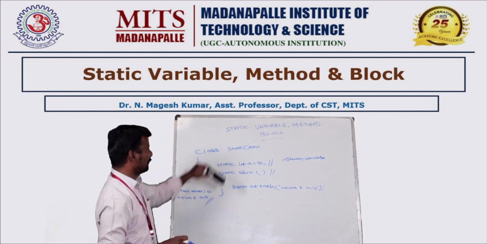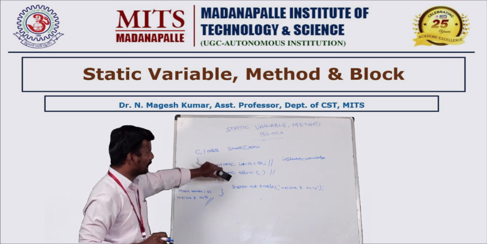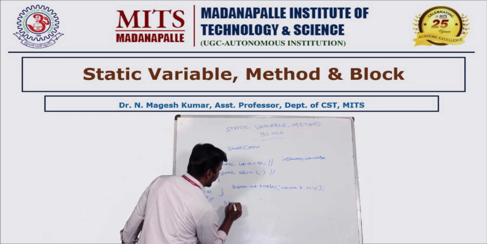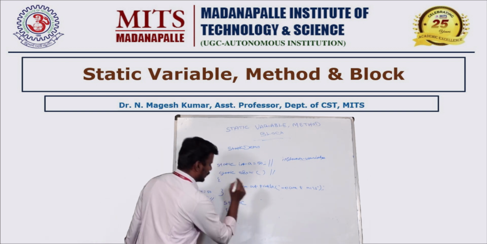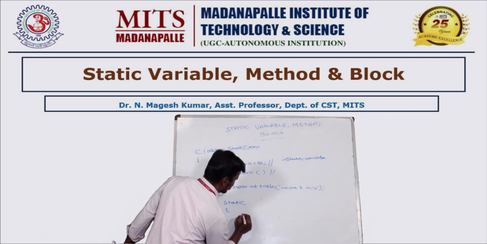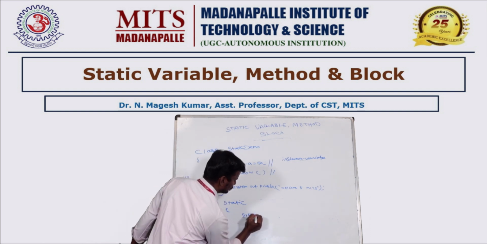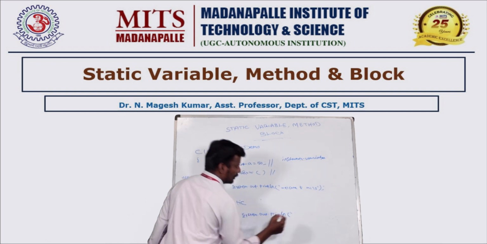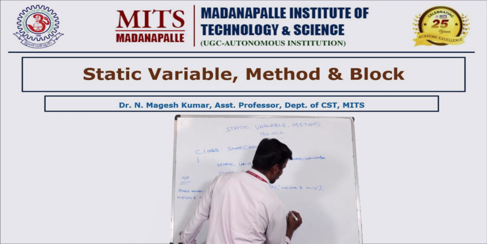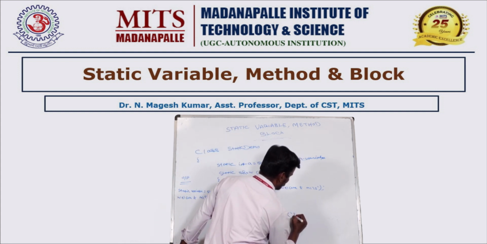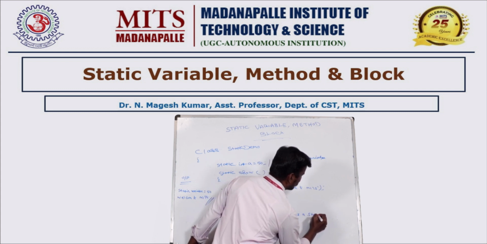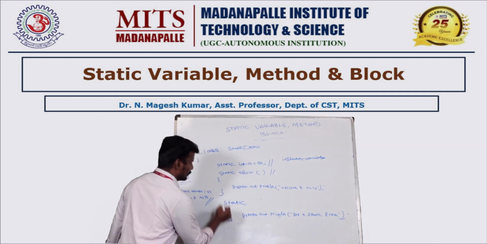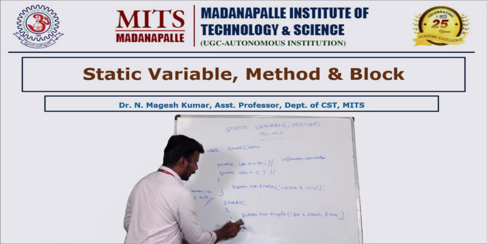Now we have declared one static variable, defined one static method, and next we define one static block: static, and inside it System.out.println with a message, it's a static block, and then close that block.